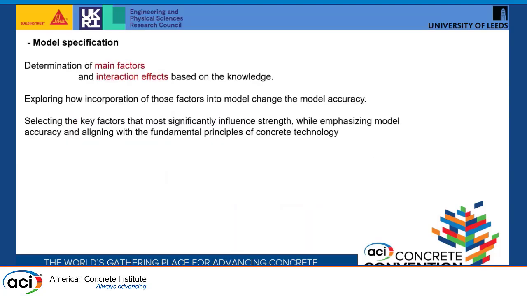The most important thing in our modeling process is model specification. We first determine our main factors as well as interaction effects based on previous knowledge. And then we explore how incorporating those factors into our model changes the model accuracy, and how each factor contributes to model accuracy.